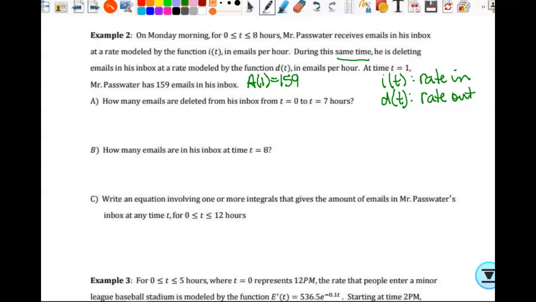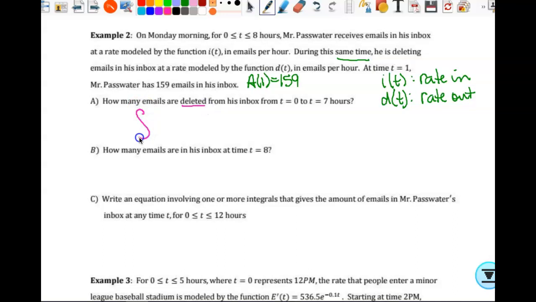We're good with that? All right, so on A, it says, how many emails are deleted from his inbox from t equals 0 to t equals 7 hours? So if we figure that out, does our initial amount matter? No. Does the rate in matter? No. All we're looking for is deleted, right?